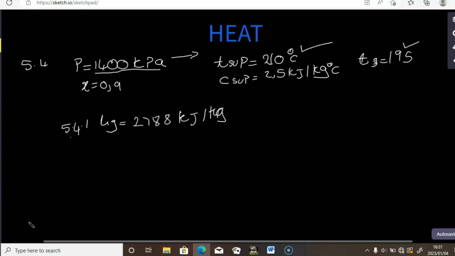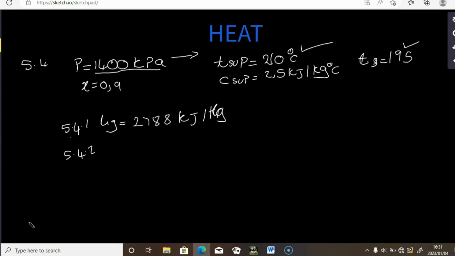And then we go to the next one. They are saying determine the required enthalpy to change 2 kg of water into superheated dry steam. Notice that they are not saying the enthalpy required to turn the dry steam to superheated steam.